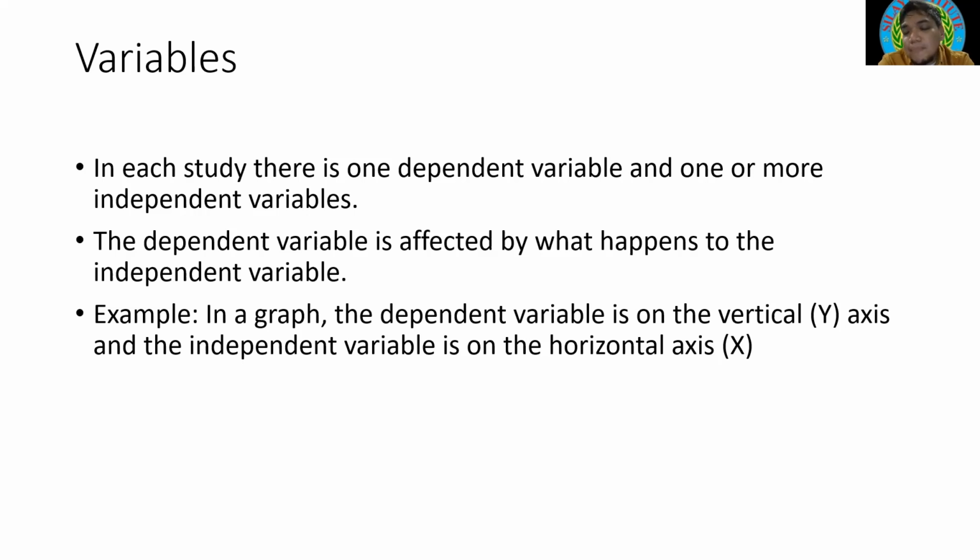For example, in mathematical equations, if we have the y-axis and the x-axis, the dependent variable is on the vertical y-axis and the independent variable is on the horizontal x-axis. Meaning to say, whatever the horizontal x-axis does will have an effect on the dependent variable on the vertical y-axis.